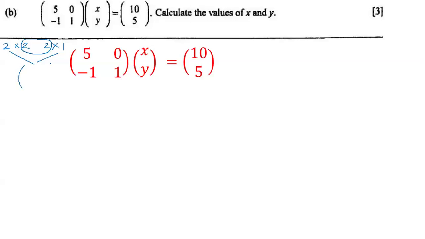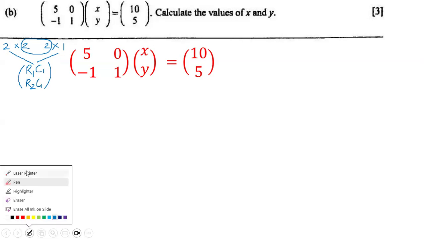Now, if it's a 2 by 1 matrix, what that means is that we'll have 2 rows, row 1 and row 2, but we're only going to have 1 column, so this is only going to be column 1. And so that's what we have.